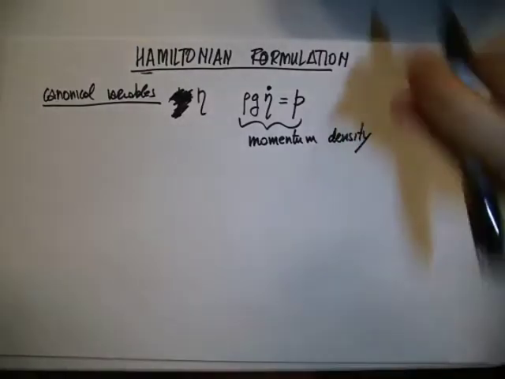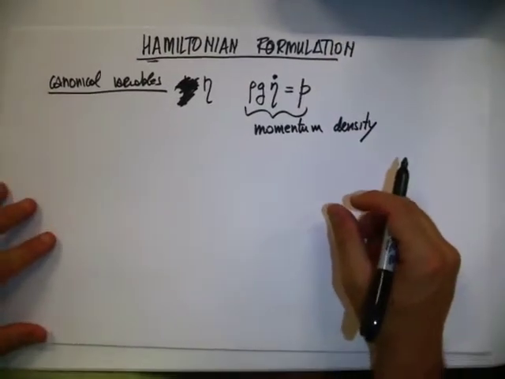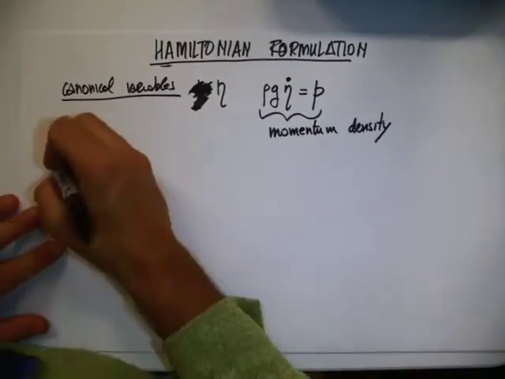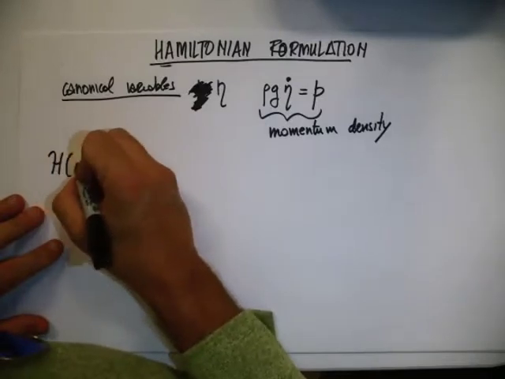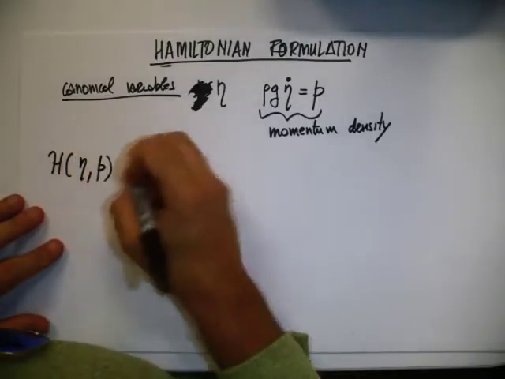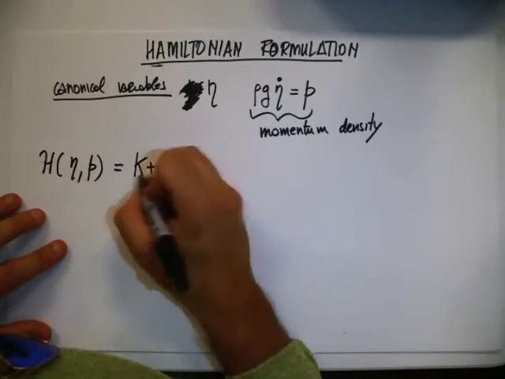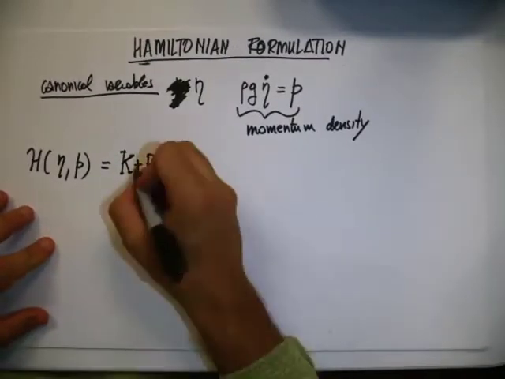Because now we have a system that is distributed in space, and a Hamiltonian, H, which will depend upon eta and p. Let's take the total kinetic energy, plus the potential.